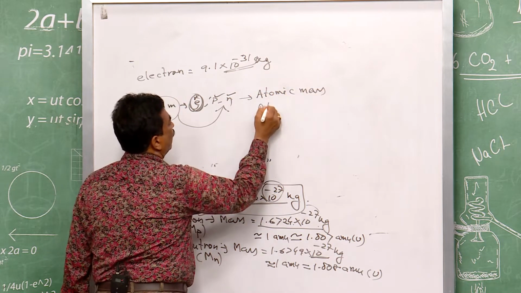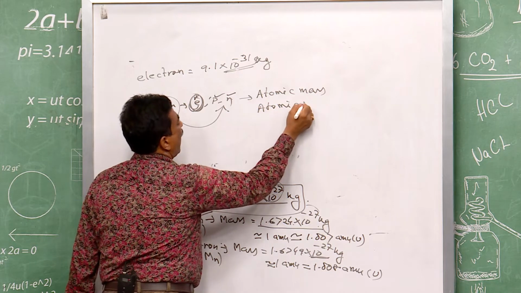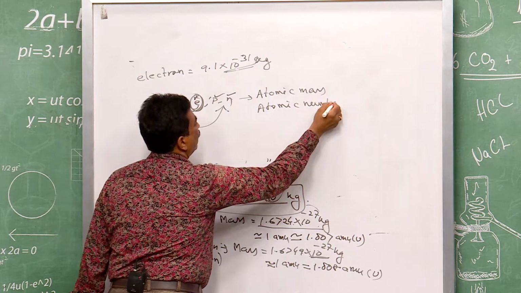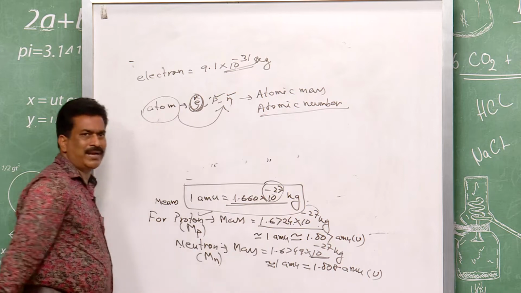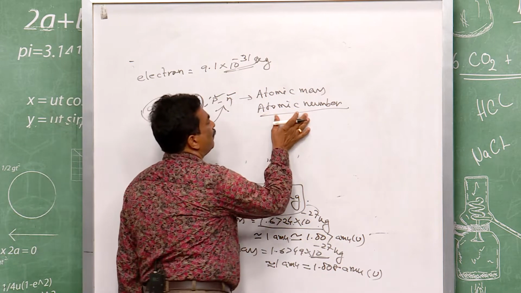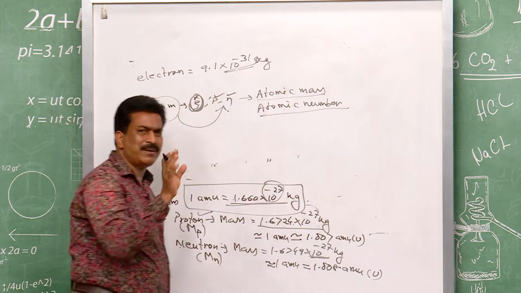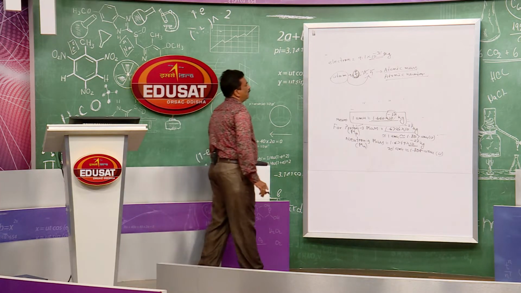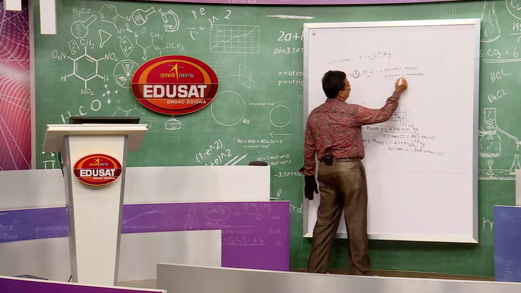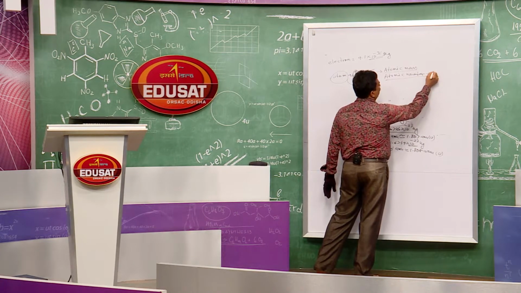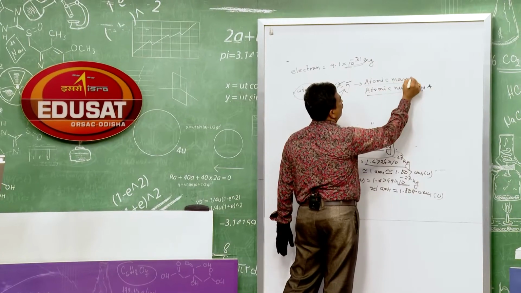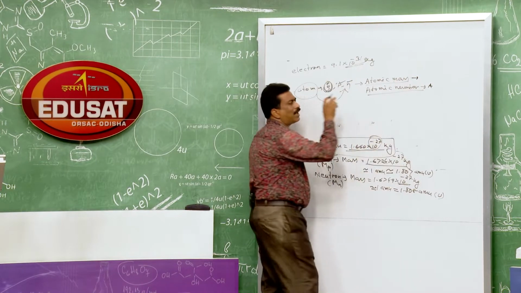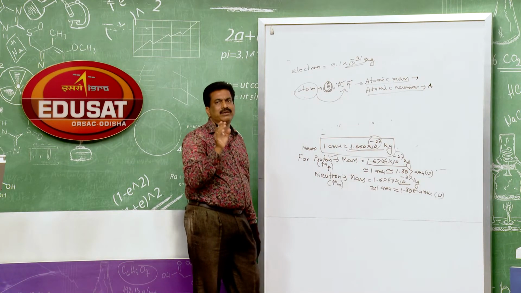But there is another term, atomic number. This atomic number is purely a number, while atomic mass is a mass. That atomic number we are writing as Z, and this is the atomic mass, meaning the total mass contained in the nucleus.